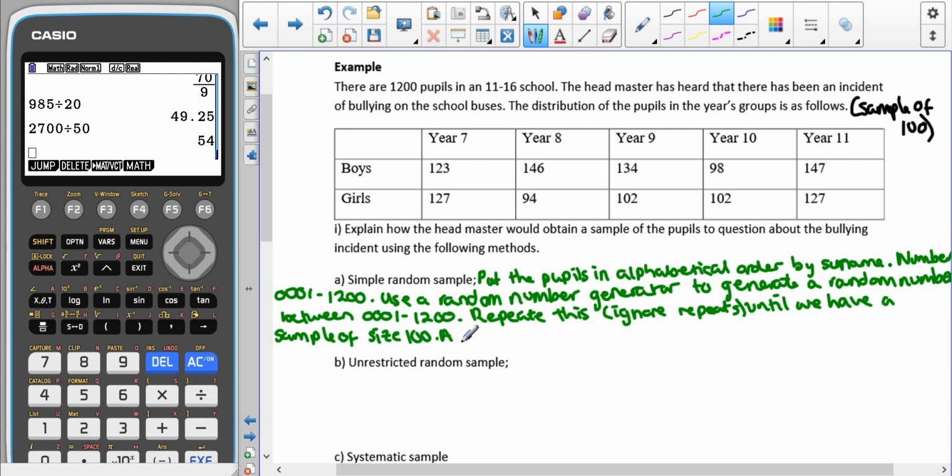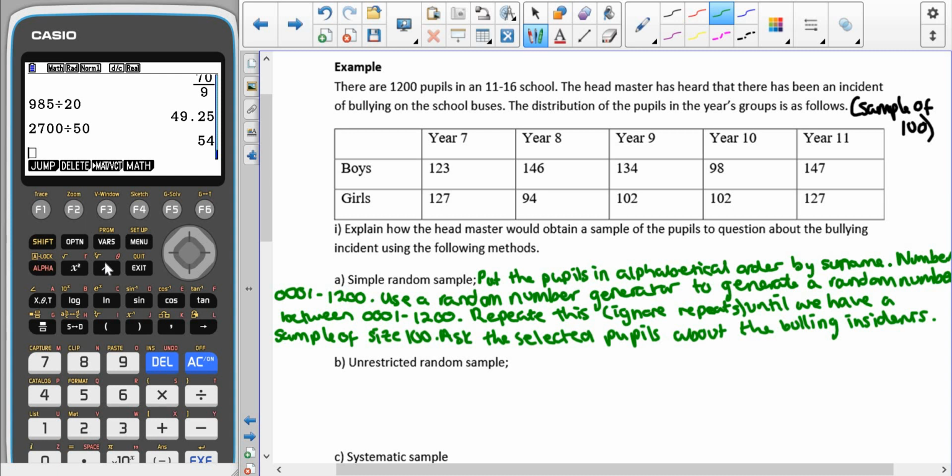and then we're going to ask the selected pupils about the bullying incidents. So you need to be careful and make sure that you read the question carefully.